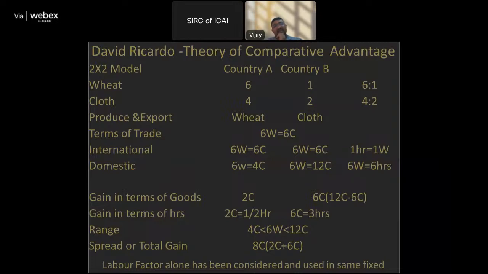So country A will select that greater advantage. Okay, cloth, country A has a lesser advantage. Okay, country B has lesser disadvantage. So country B will select the lesser disadvantage.